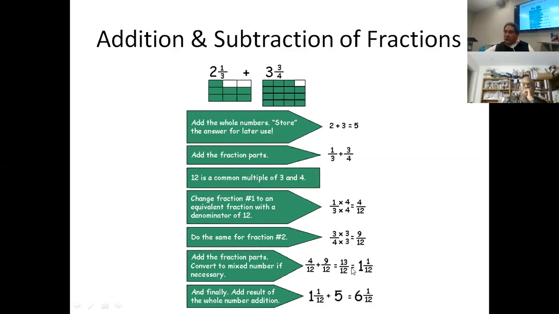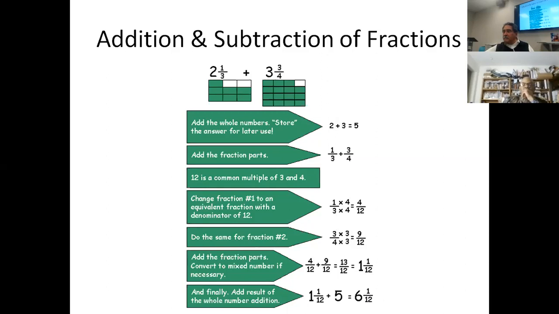So this is like 13 divided by 12. 12 goes to 13 one time, so I get the integer 1, and the remainder is 1. So I have 1 1/12. And remember, we had 5 from here. So 1 plus 5 is 6, 1/12.